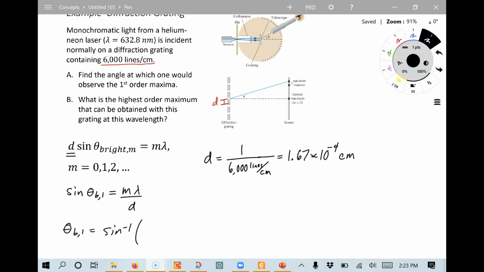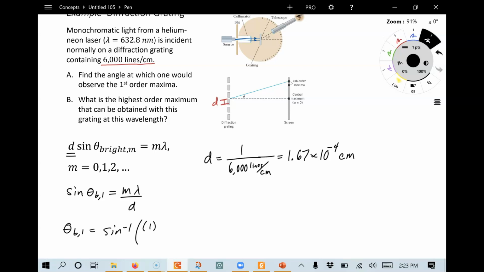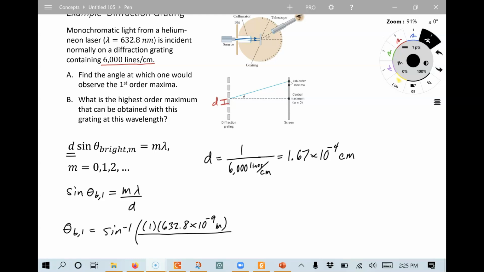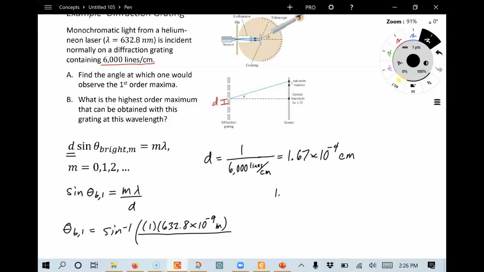In this case, m equals 1, lambda is 632.8 nanometers, which I'm going to convert to meters, all divided by d. Well, d is given in centimeters. We need to convert that to meters. Just like nanometers is 10 to the minus 9th meters, centimeters is equal to 10 to the minus 2nd meters.